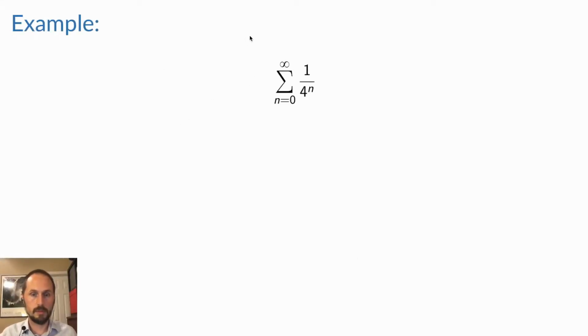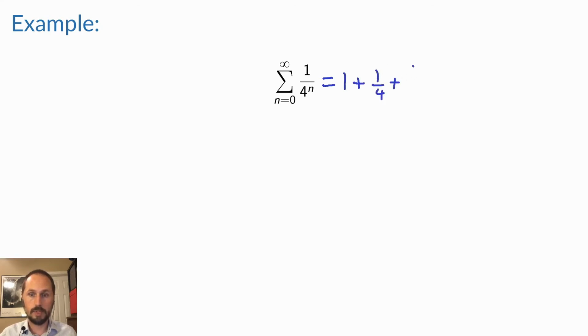Okay, so let's take a look at this example of 1 over 4 to the n. I think it's useful to write out the first few terms, write this as a sum with some dots in it, right? I think that often helps us to understand what's going on. So I'm going to write this as, okay, at n equals 0 we get 1. At n equals 1 we get a quarter.